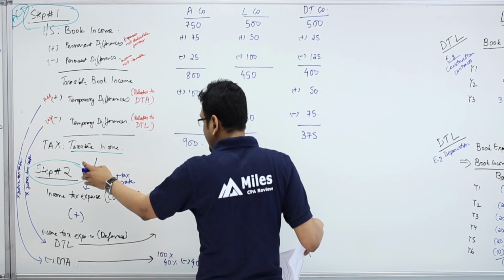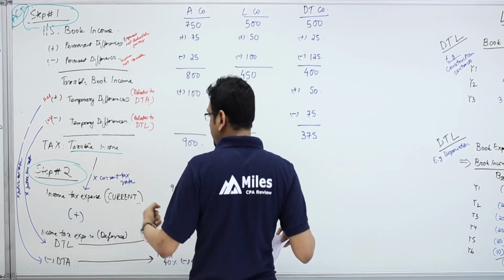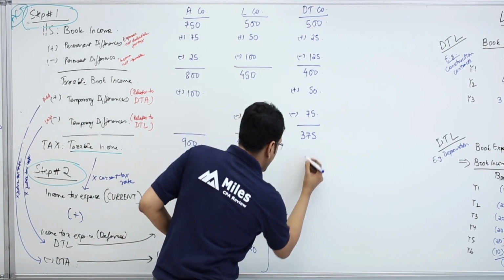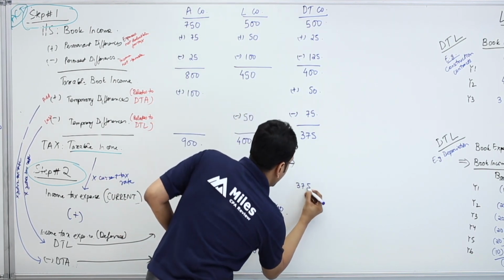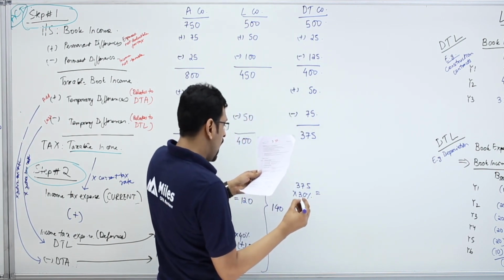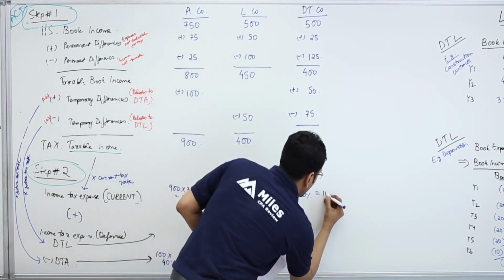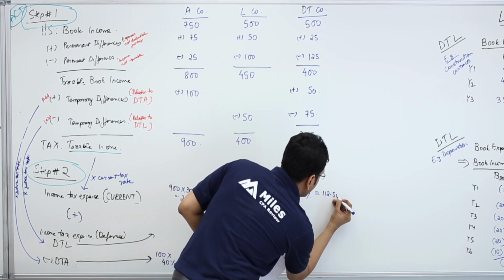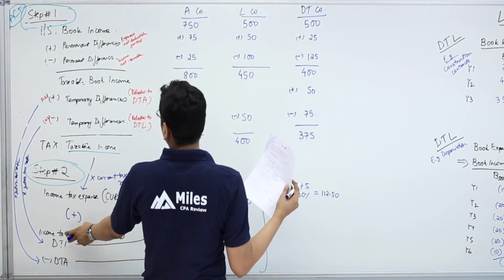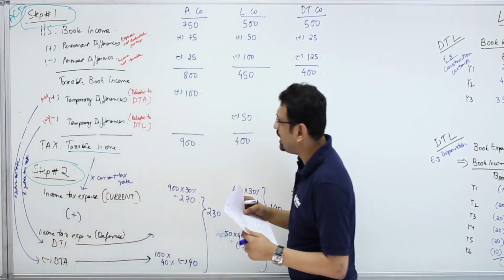Step number 2, calculating the income tax expense for the period. First we look at current income tax expense. So we'll have this 375 multiplied by the current tax rate 30%. That gives us 112,500. So let me call it 112.5. Then DTL. So what was the temporary difference which created DTL?